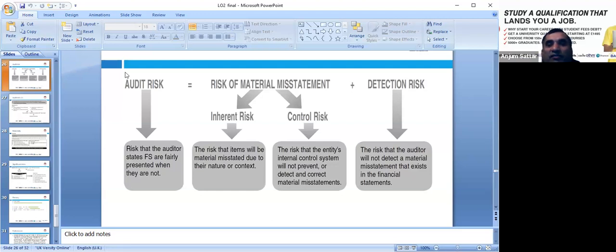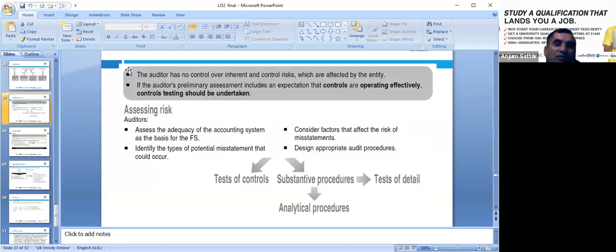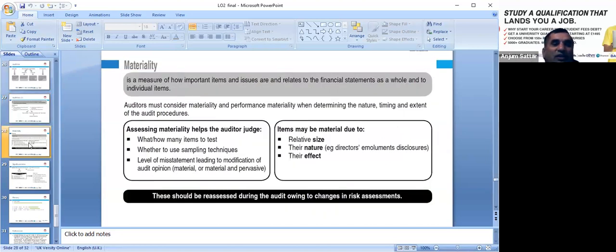These are all the detection risk: the risk that the auditors will not detect the material misstatement that exists in the financial statements. We need to make sure the internal control works, and these are the procedures we can use. That we discussed in our lesson 2.